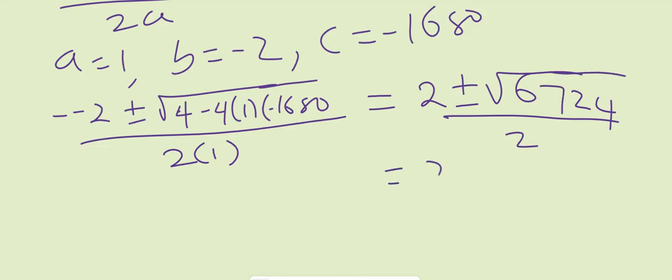So I have 2 plus or minus 82 divided by 2.